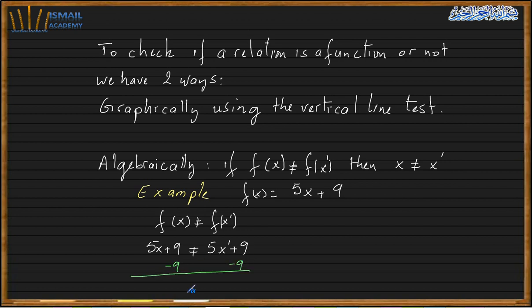So this is still x prime, divided by 5 on both sides. And again, this still stays different, which is equal to 5x plus 9, a function.